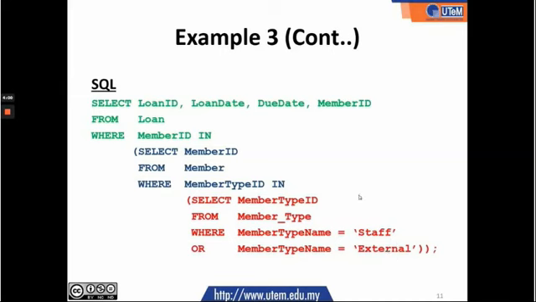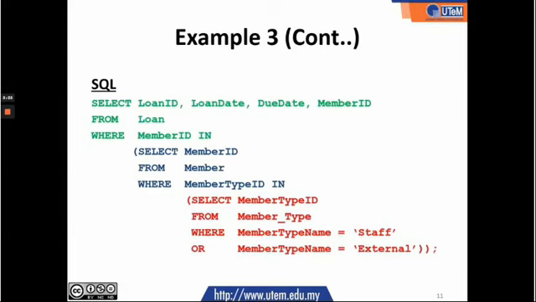These values are accepted by this IN operator. As we know, the comparison operator IN can accept one or many values from the inner query. Again, we cannot use the comparison operator equal because this operator can accept one value only.